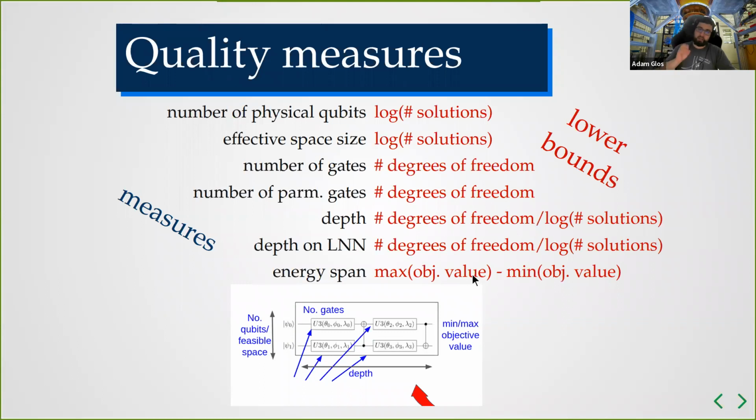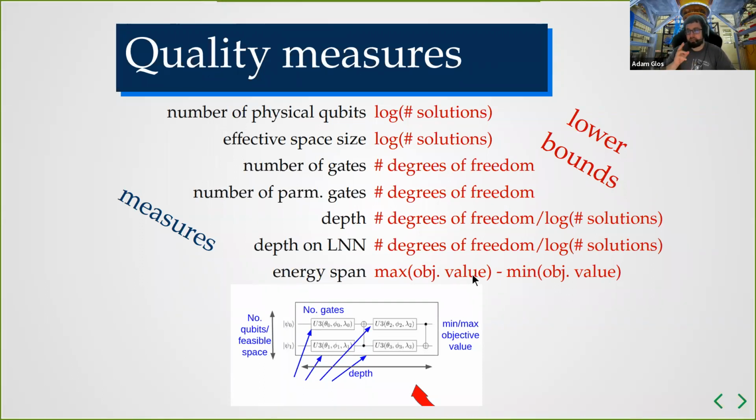All of these have some very natural lower bounds. For example, when we want to encode the problem in a QUBO, a HOBO, or any other representation, we should not expect that the number of qubits will be smaller than the logarithm of the number of solutions. For example, for max K-cut, where we have k possible colorings for each node, we have k to the n solutions.